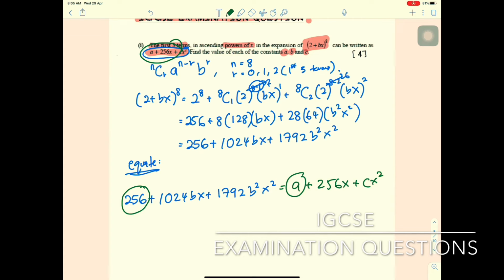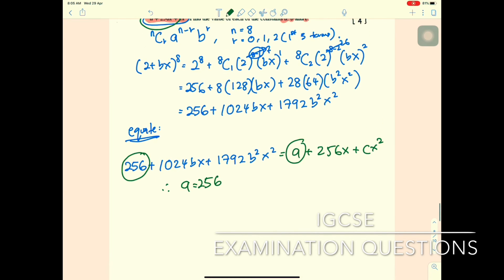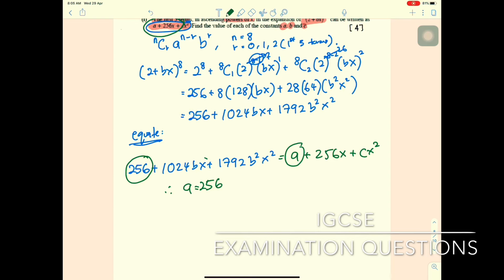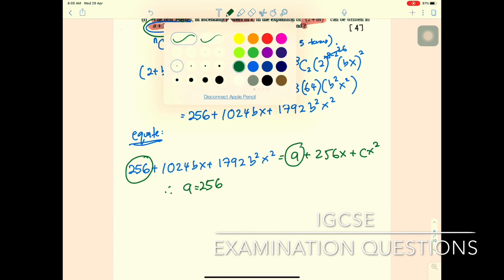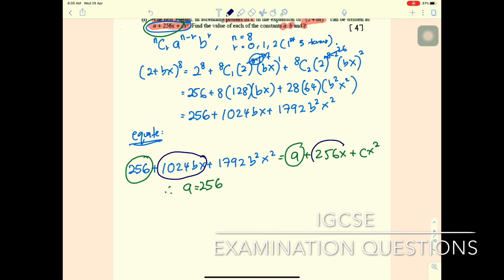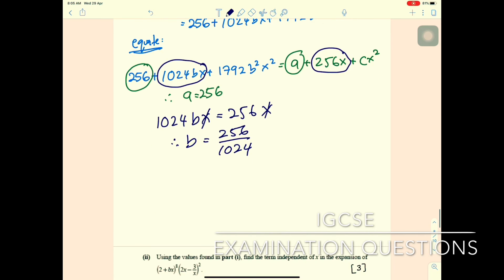Therefore a equals 256. For b, we equate the second terms: 1024bx equals 256x, cancel x, therefore b equals 256 over 1024. By using calculator you get 1 over 4.